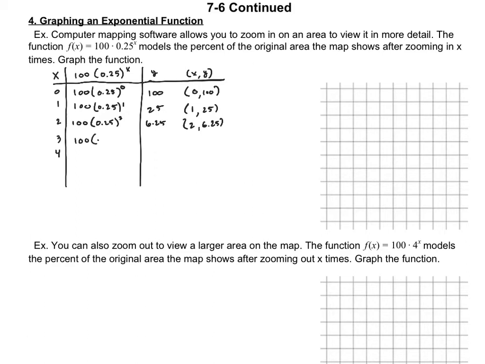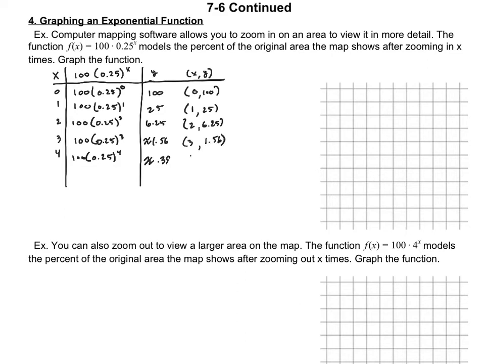Then I have 100 times 0.25 to the third power, and I'm going to go ahead and get this one in here, 0.25 to the fourth power. And that is going to give me approximately 1.56, and the next one will be approximately 0.39, which could be very difficult to graph.